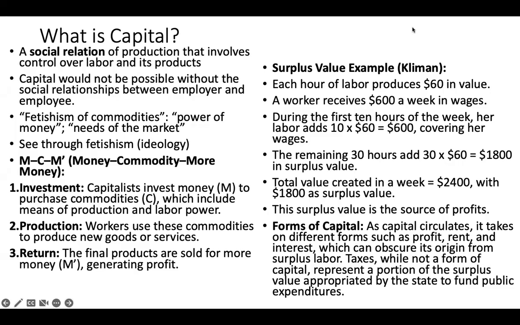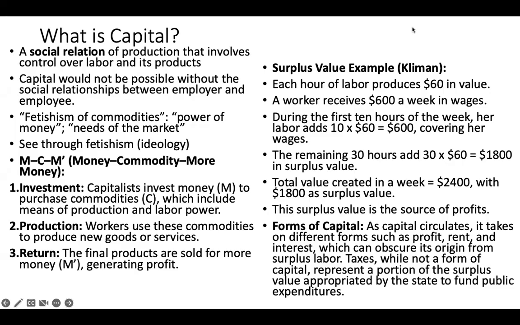You lose sight of the social relationships that actually ground the capitalist system, and instead come to see these things as a relationship between things, between money, between commodities, and things like that.